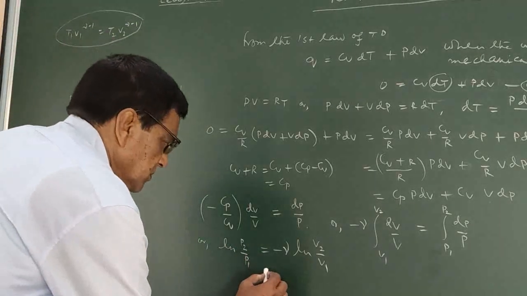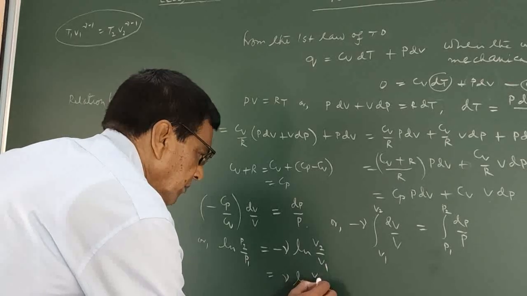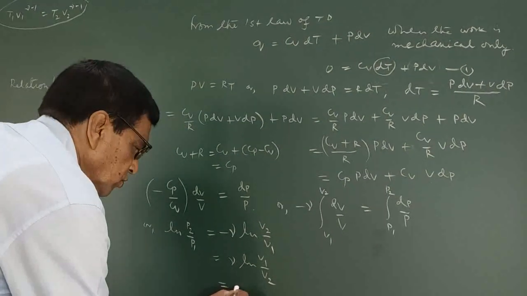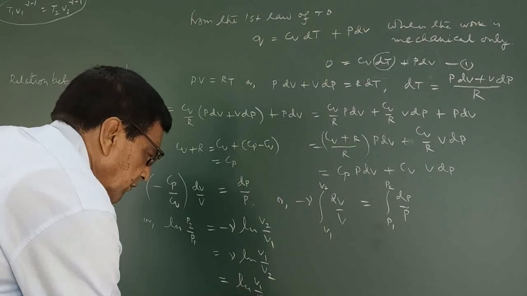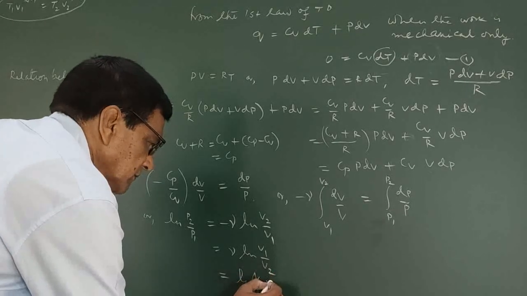If we remove this minus, then it will be gamma ln V1 by V2, or this again could be written as ln (V1 by V2) to the power gamma.